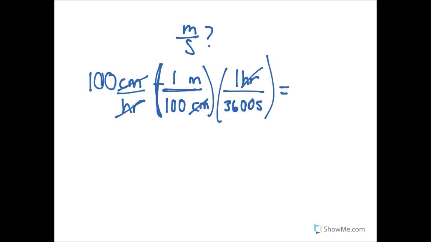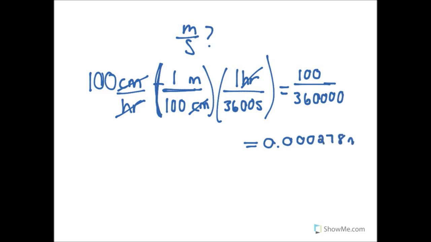And if we go 100 divided by 100 times 3,600, so if I have 100 divided by those two numbers, our final answer here is going to be, pull out the calculator, 100 divided by 360,000, you get a very small number of 0.000278 meters per second.